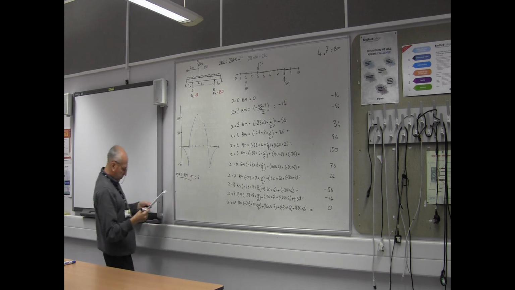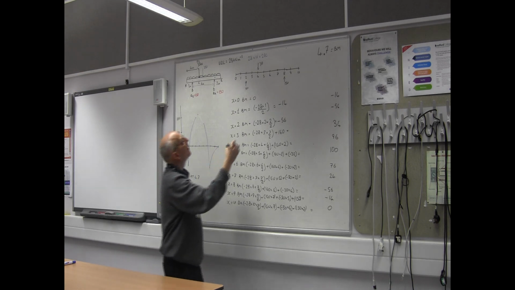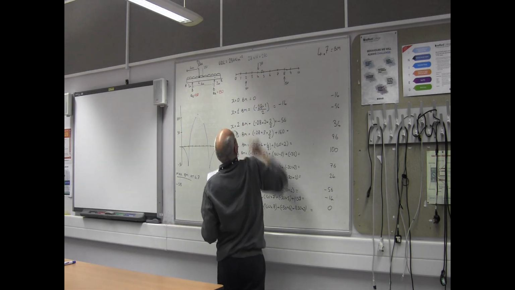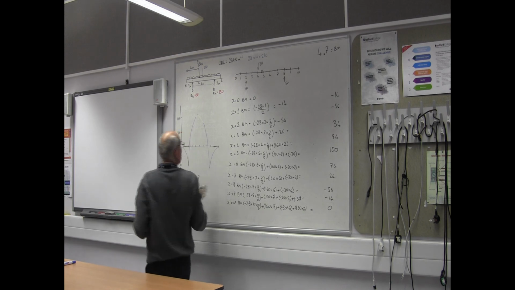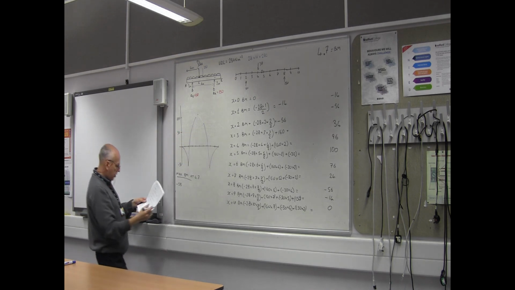At 4.7 this time, we've got minus 28. So we're working from this point here. And we're doing all the calculations from that point looking to the left, just like we did before.